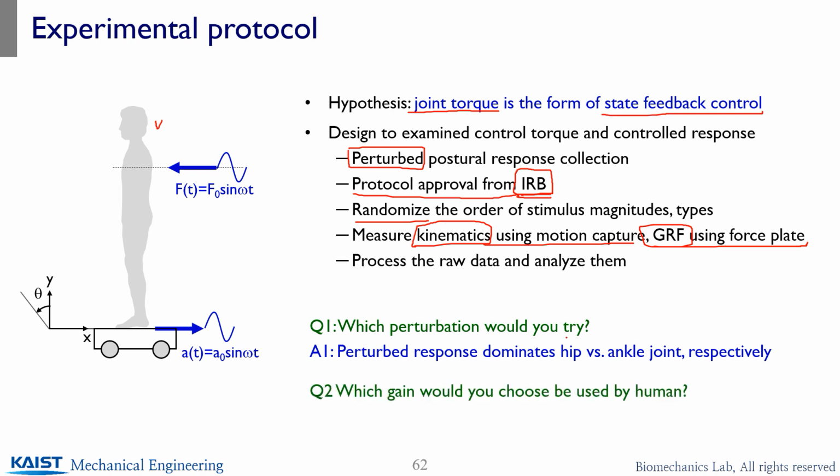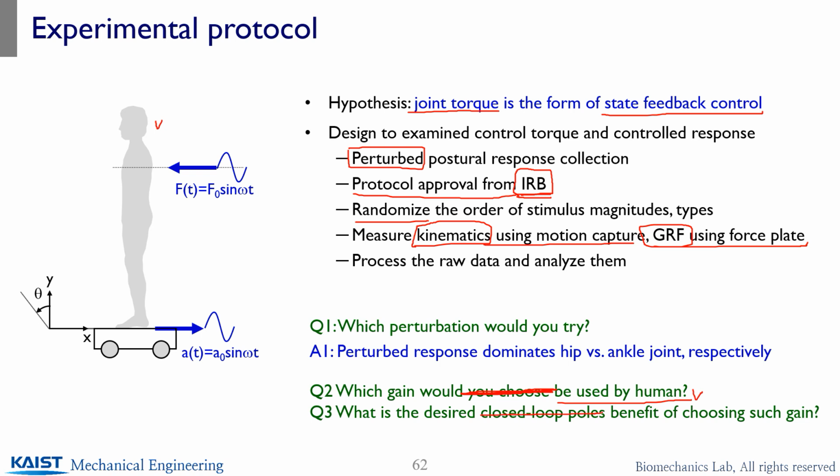Also, once you find out the joint torques and kinematics relationship, you should figure out which gain. You are not the control designer. You do not choose the gain. You should identify the gain, the feedback gains of the human movement, and instead of designing the closed loop poles, you have no option.